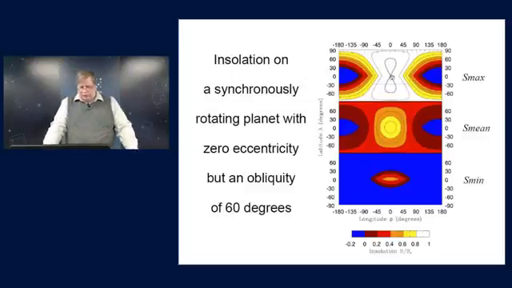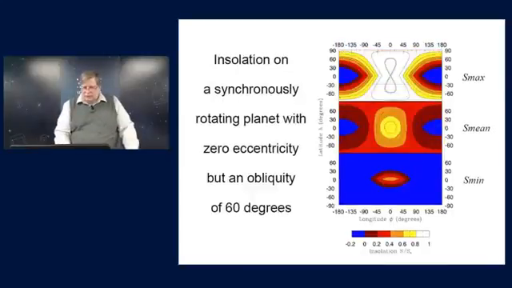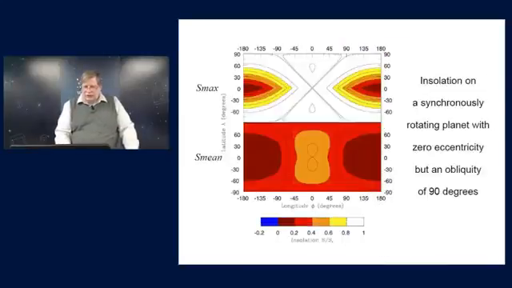Okay. Now if we push on to an obliquity of 90 degrees, what's going to happen is, first of all, the minimum insolation vanishes, so I don't even plot it. It would be all blue. The maximum insolation is shown by this top panel, and you can see that the track of the subsolar point now goes right over the pole, making this sort of X contour here of 99.99% solar constant insolation.